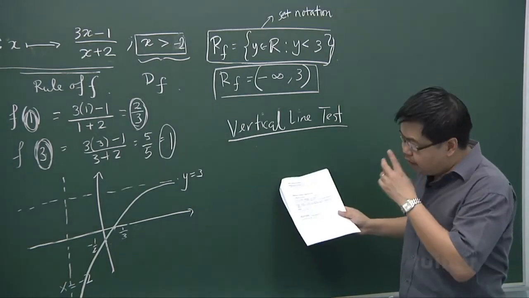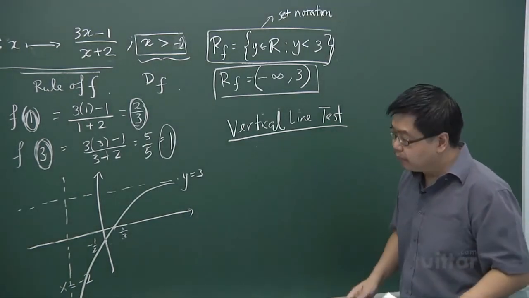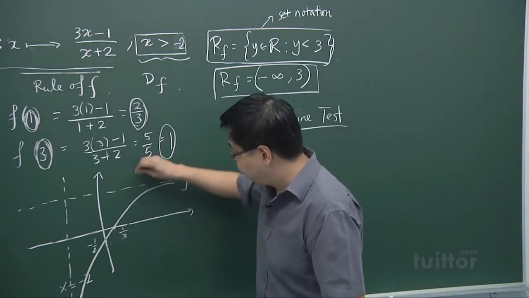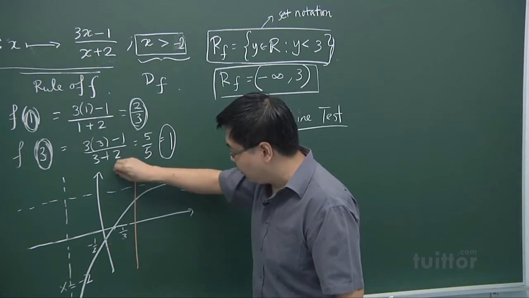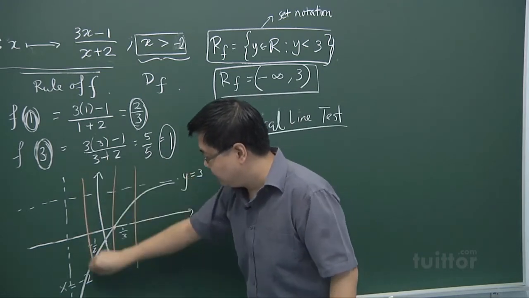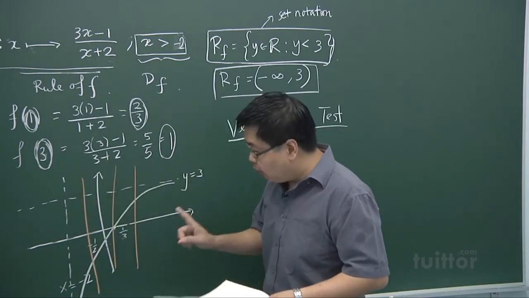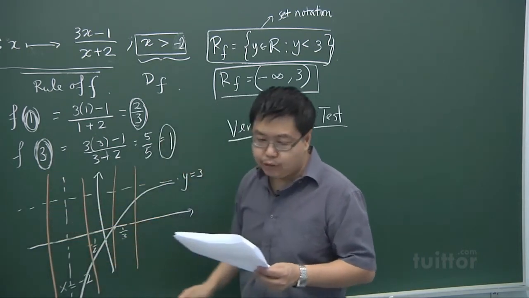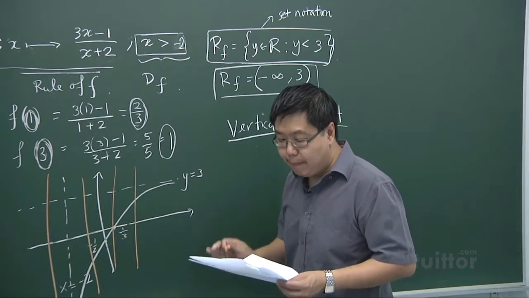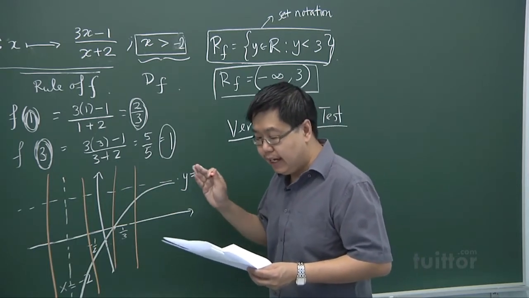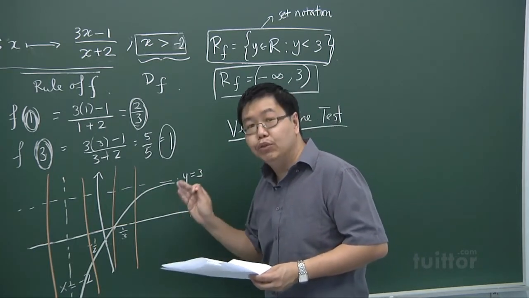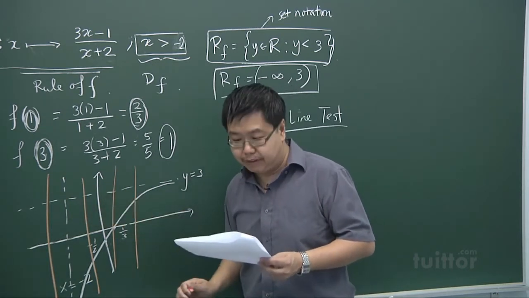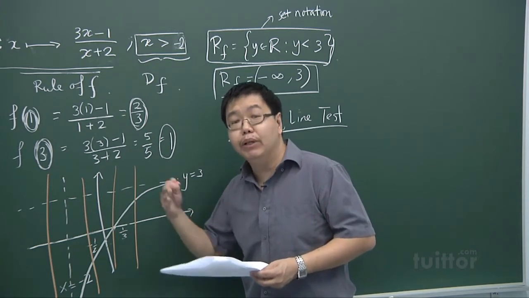Let's revisit the last example. In this last example, you notice that every vertical line cuts at only one point. But it can also choose not to cut the curve at all. That's why the definition says the curve is cut at most one point. That means you can cut at one point or you can choose not to cut, but it cannot cut at more than one point.